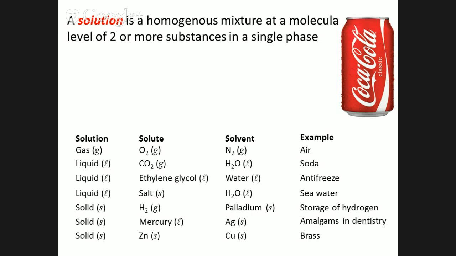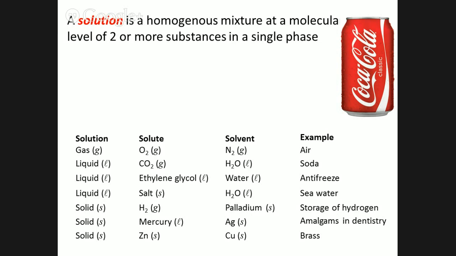All of your alloys, like brass, which is a mixture of zinc and copper, are solutions. And note, this is not a chemical change. This is a physical change in the sense of it's a mixture of the zinc and the copper. It's not such that they've come together to form a different compound.